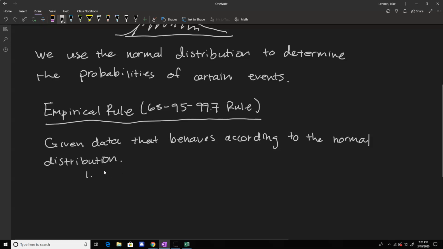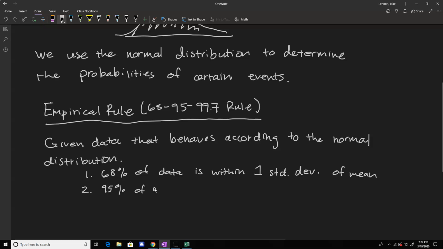one, 68% of data is within one standard deviation of the mean. Two, 95% of data is within 2 standard deviations of the mean.